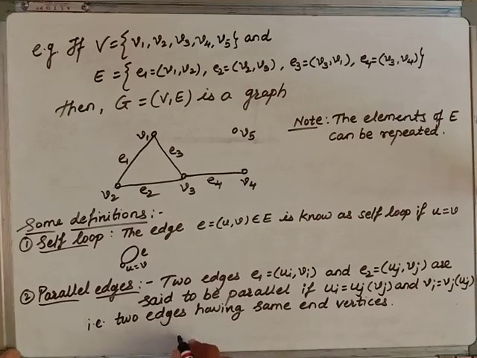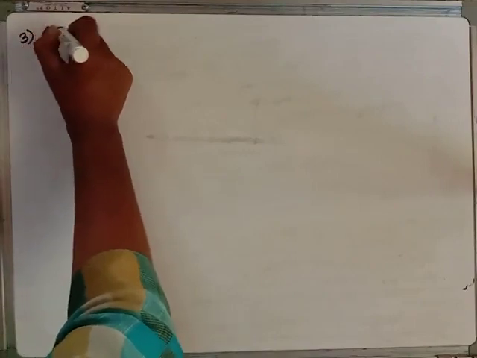Or we can write it as, suppose Ui is equal to Uj and the other vertex Vi equals Vj. Then suppose this is edge E1 and this is another edge E2. These are parallel edges. Next definition is of adjacent edges.